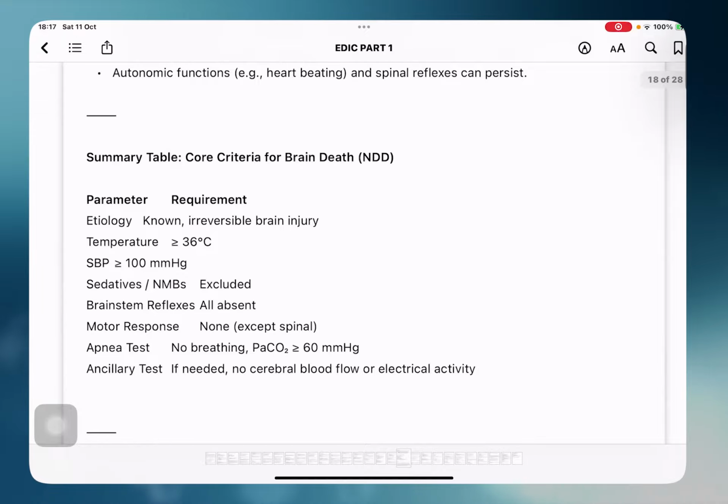The apnea test should be positive: no breathing despite PaCO2 of more than 60, or 20 mmHg above the baseline. Ancillary tests are usually not needed, but if needed, you should be able to prove a flatline EEG or no cerebral blood flow on CT angiogram, MR angiogram, DSA, digital subtraction angiogram, or a negative SPECT scan.